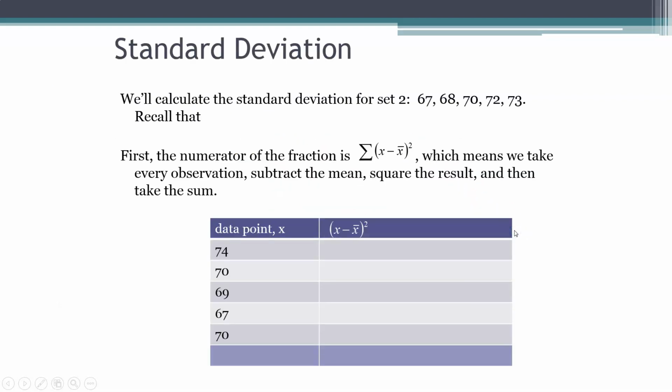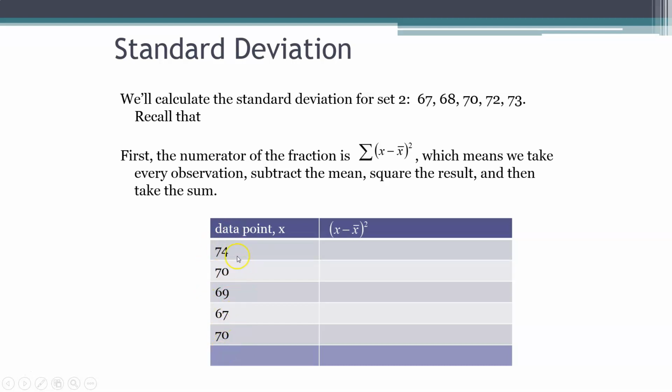Let's do an example. So here's the example we were looking at a minute ago. This is the second data set. It's actually not the data set that's showing up here; it's the one that's down here. So 74, 70, 69, 67, and 70.